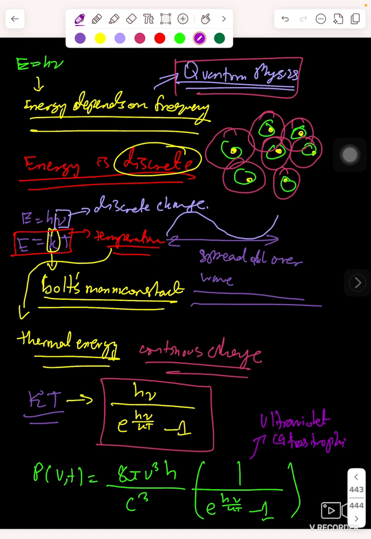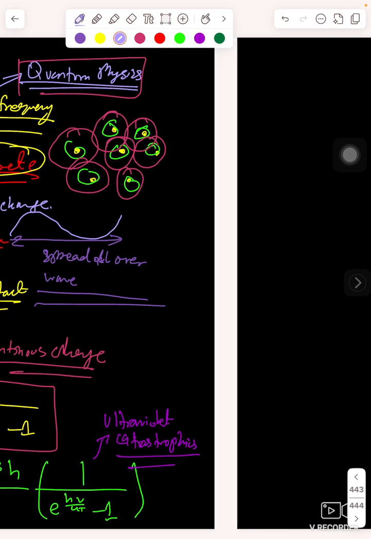Catastrophe. Now, what is this catastrophe? This catastrophe is that when we have energy as kT in our energy density, we get the following. It shows an increase of energy density with an indefinite increase in frequency.